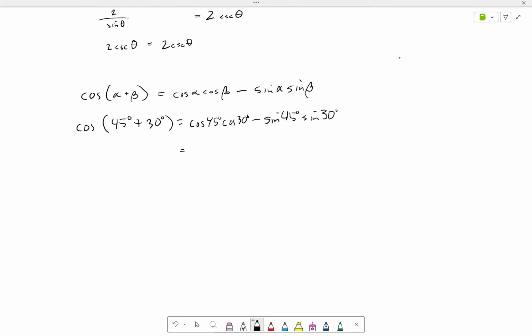Do you know cosine of 45? Root 2 over 2. Do you know cosine of 30? Is it root 3 over 2? Yeah, now we have to reference the unit circle. Sine of 45, root 2 over 2. And sine of 30, we know that one. It is pretty cool.